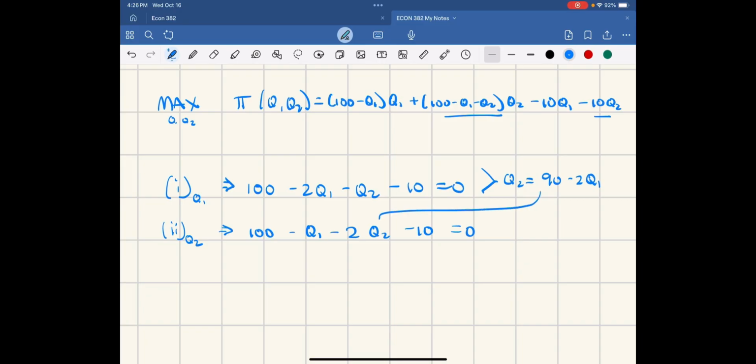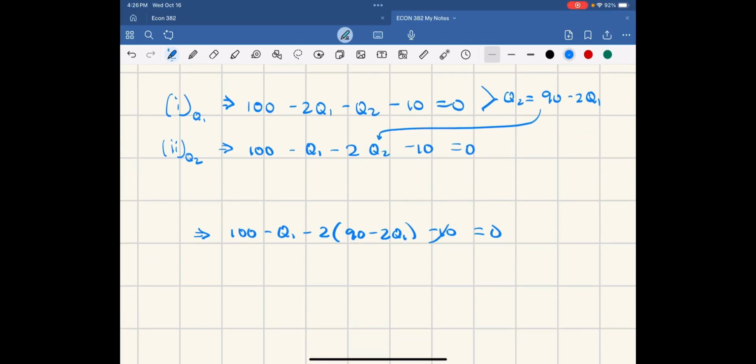Now we can take that and plug it into here. So this implies that we get 100 minus Q1 minus 2 times (90 minus 2Q1) minus 10 equals 0. So those terms mean we'll get 90 minus Q1 minus 180 plus 4Q1. So we have 90 and 180, that becomes negative 90, and this equals 0.